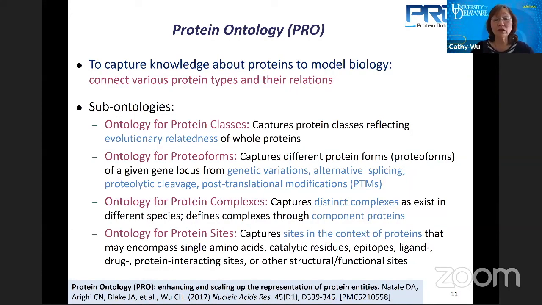That's the forms derived from genetic variation, alternate splicing, proteolytic cleavage, post-translational modification, and so forth, protein complexes, and protein sites. These are the individual amino acid sites that have important implications, whether we are talking about catalytic residues, epitopes, ligand binding sites, drug binding sites, protein interaction sites, or other structural functional sites.